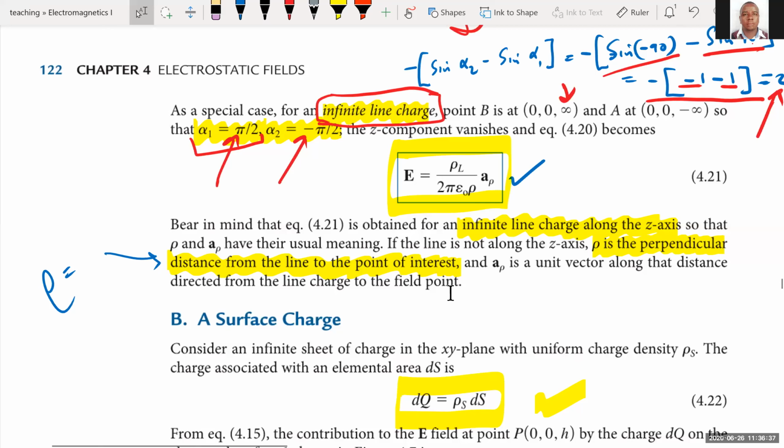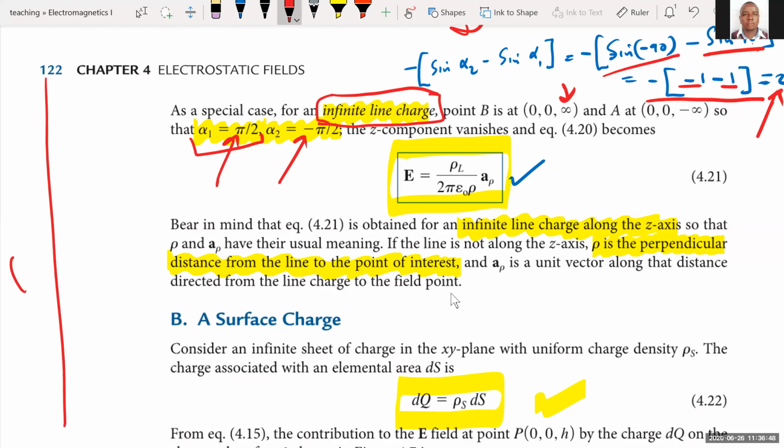So in very few words, in summary, if you have a very long line here that has charge density rho L, and you want to observe the electric field at point P, you simply get the perpendicular distance rho, and once you have that, the electric field is going to be given by this formula.